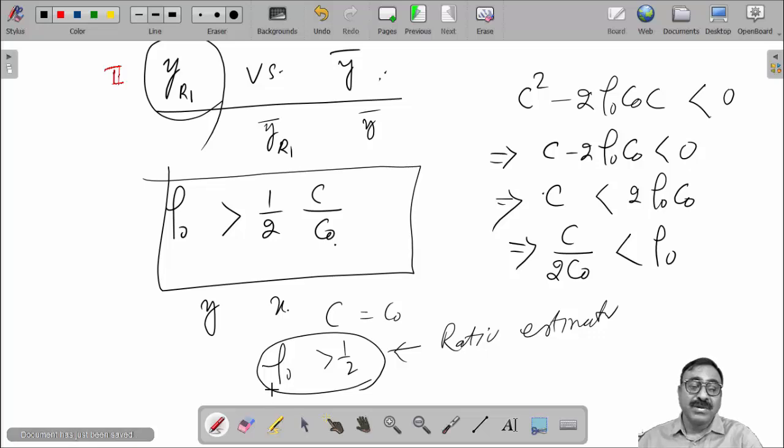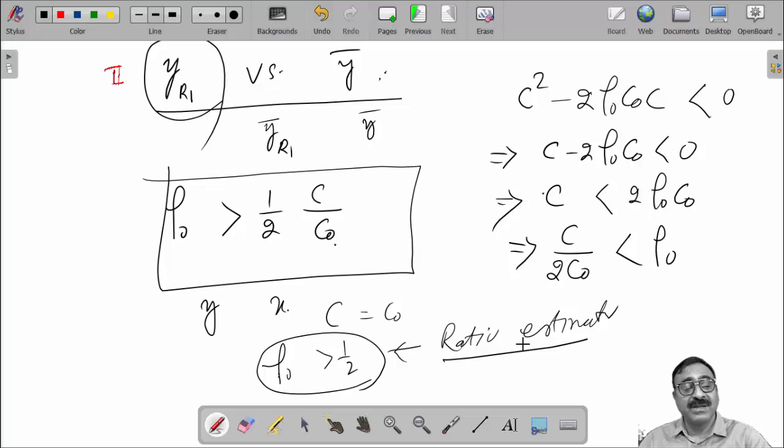That means when the correlation between the study variable and the auxiliary variable is greater than half, that is, both variables are highly positively correlated, then the usual ratio estimator is preferable to the simple mean estimator, that is, the estimator using no auxiliary variable.